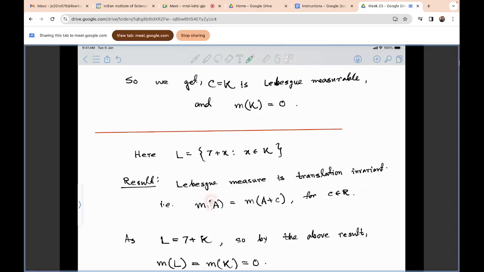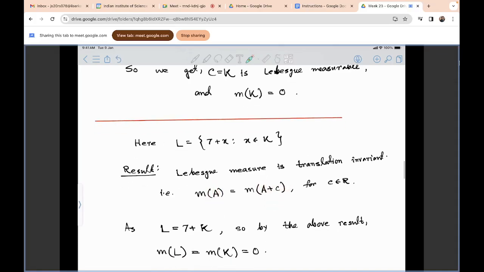Take any set and measure it, and if you translate it by any real number and measure it again, it will give the same measure. Under translation, the measure of that set will not change. So the Lebesgue measure is translation invariant.